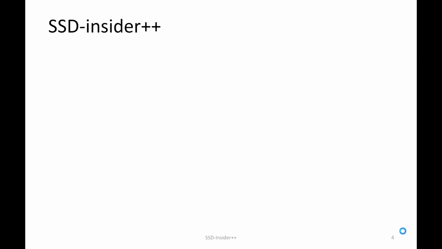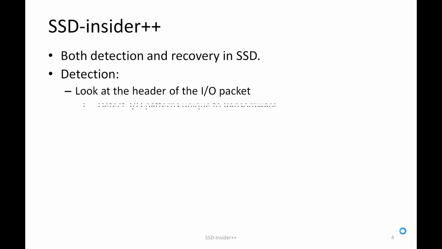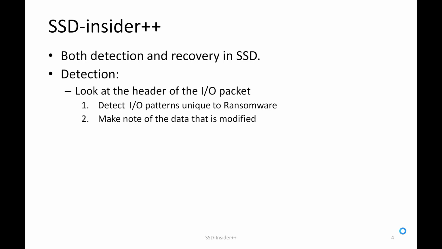Coming to the SSD-insider plus, it is an SSD-assisted detection and recovery. Right? On the detection front, SSD-insider looks at the header of the IO packet, and it would try to detect patterns of accesses that are unique to the ransomware.